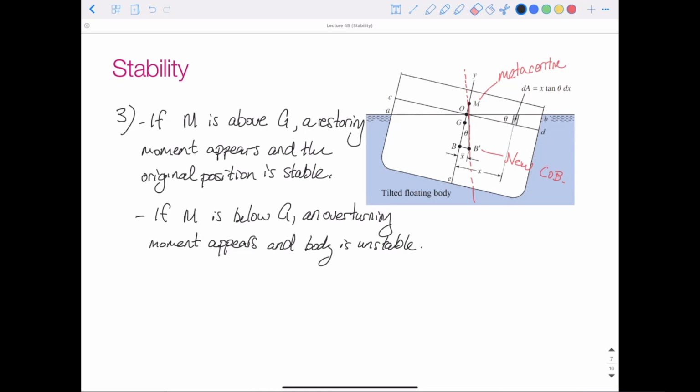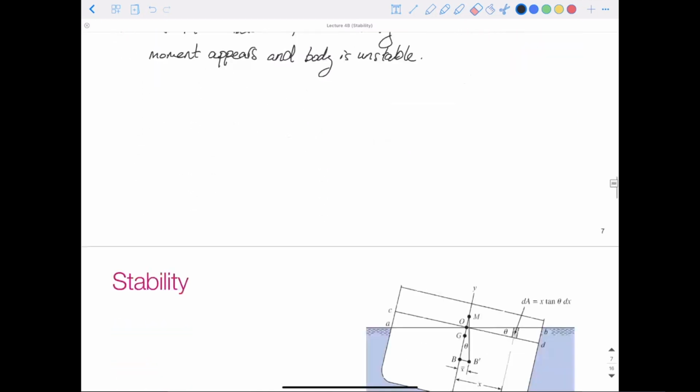So how do we actually calculate this new center of buoyancy?